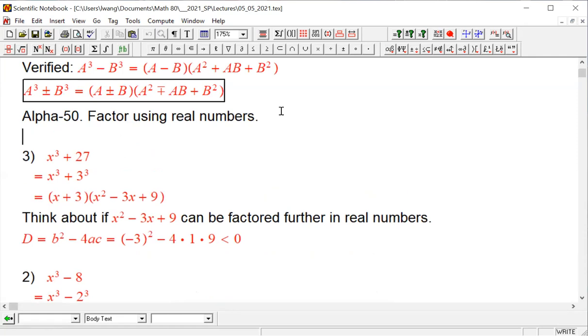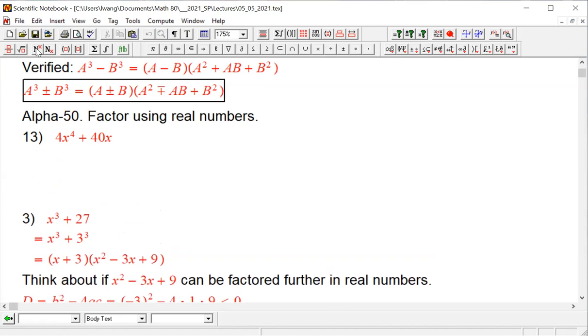One more in this section and then we take a break. Let's do the last one, number 13. Okay, I think you guys can handle the rest of it. So we have 4x raised to the power 4 plus 40x.